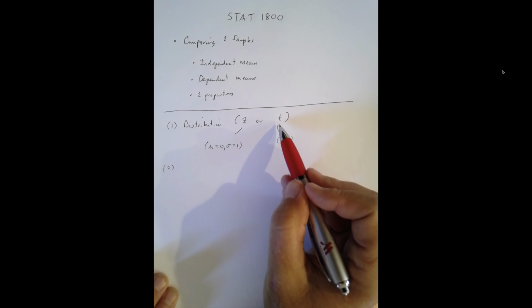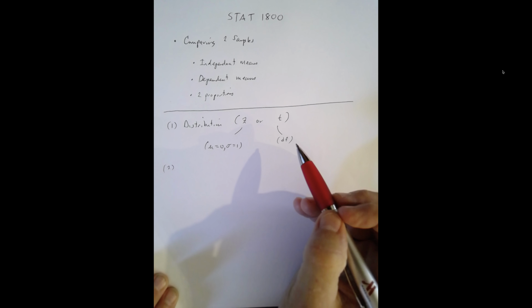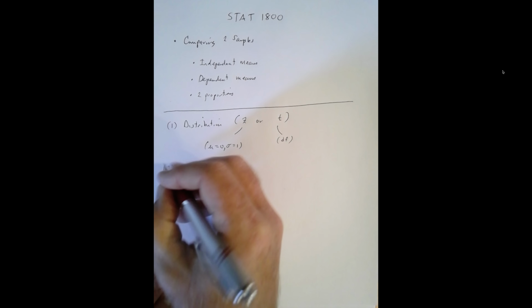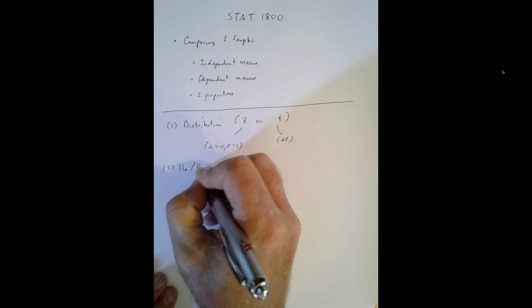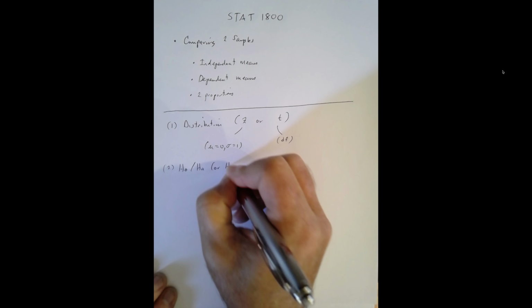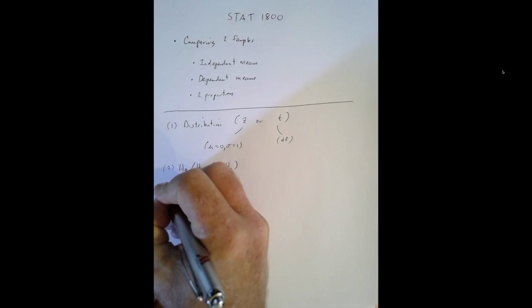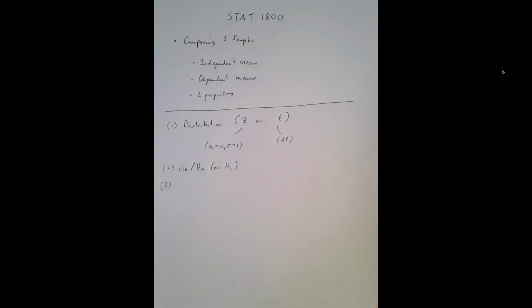But if we have a claim about a mean where the population standard deviation isn't known, that's the T distribution. The next thing we do is state H sub O and H sub A, or as your book likes to do it, H sub O or H sub 1.